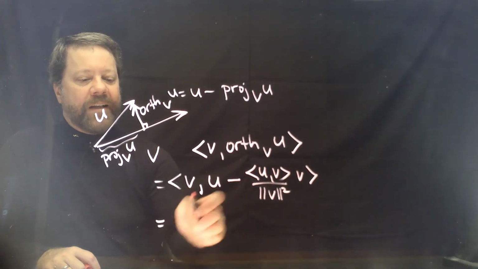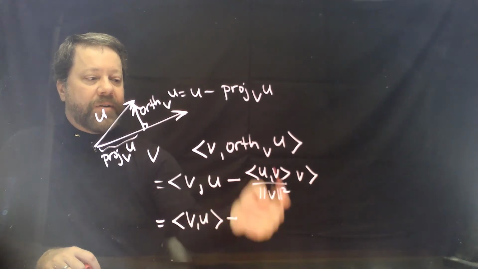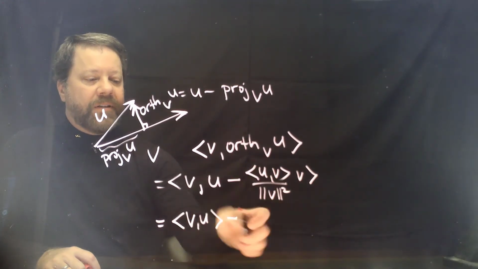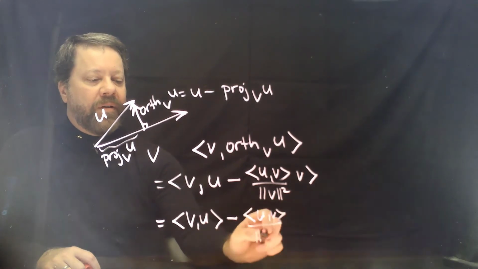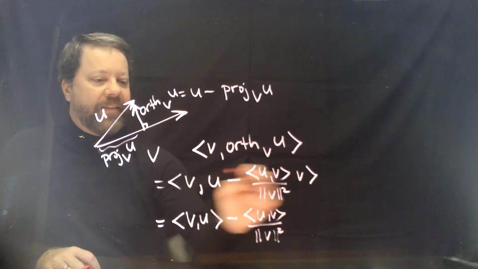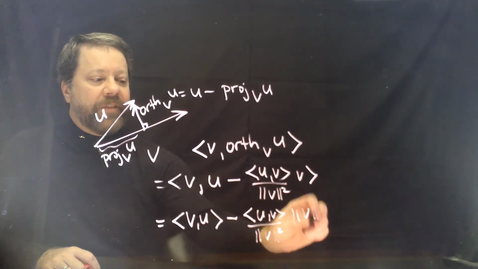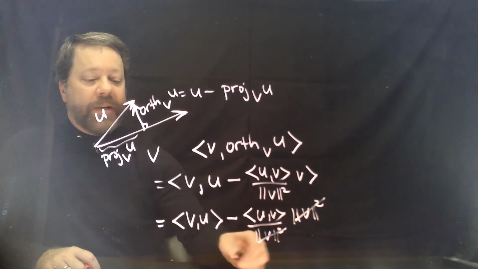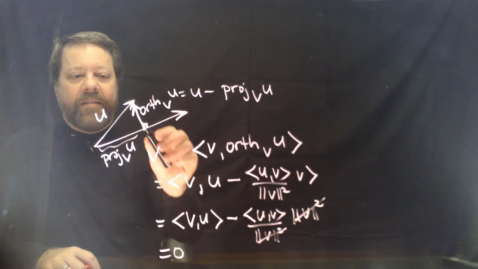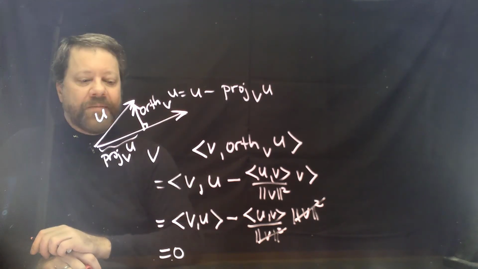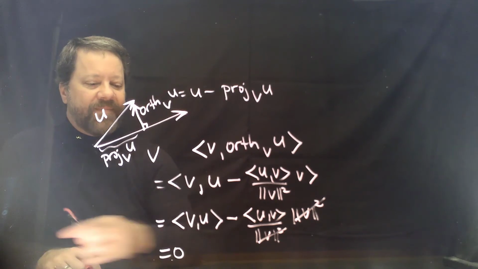And so when we break this up, the scalar will come out. We'll have the inner product of v with u minus the inner product of u with v over norm v squared, times the inner product of v with v, which is norm v squared. By definition, we get 0, meaning these are orthogonal vectors, having a 90-degree angle between them, or pi over 2 radians.